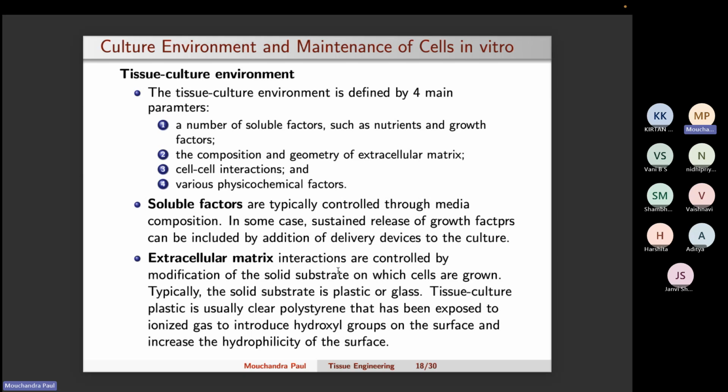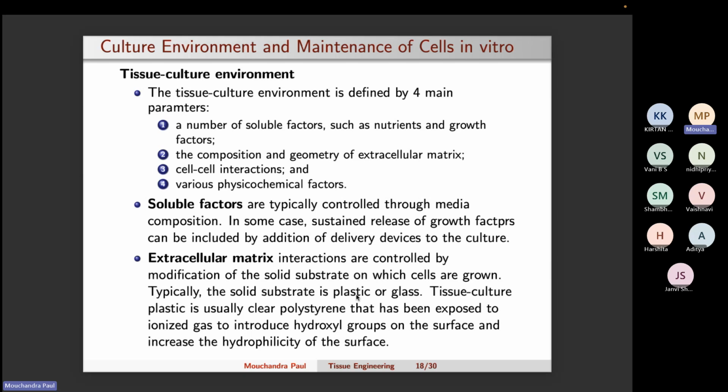Then ECM. Cell-ECM interaction you will be able to control by choosing what substrate you are using. This is very important for adherent cells, which need a substrate. The type of substrate will dictate how the cell-ECM interaction takes place in vitro.